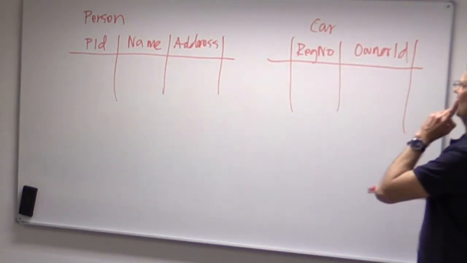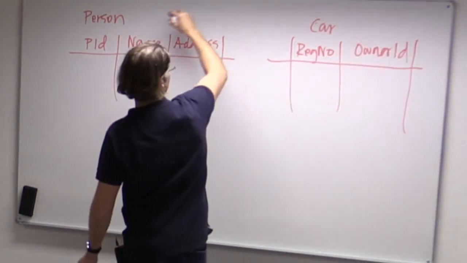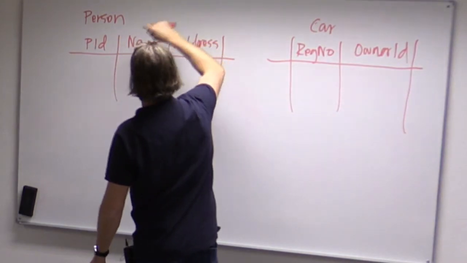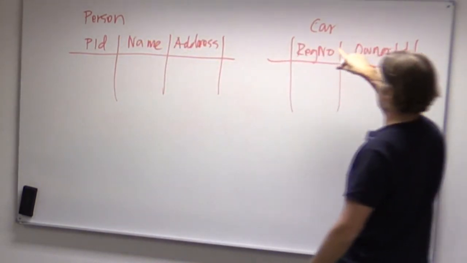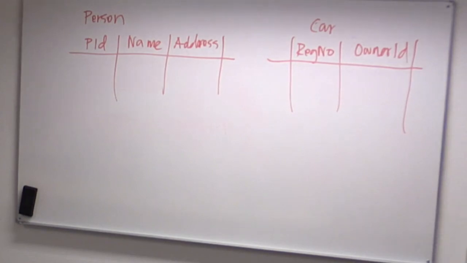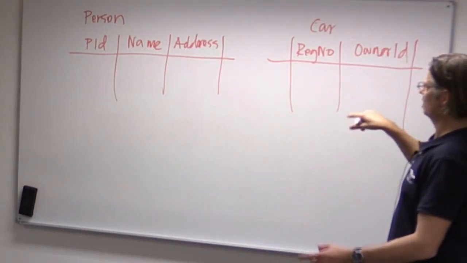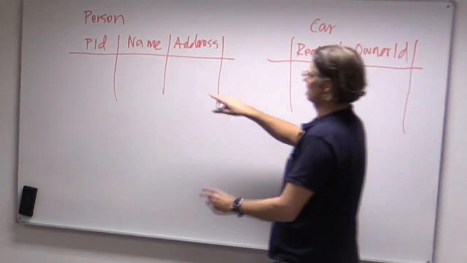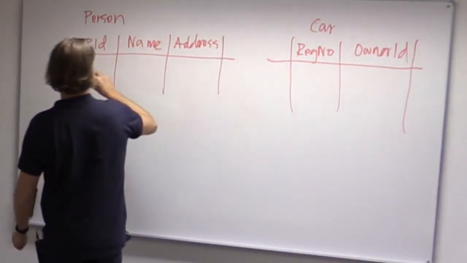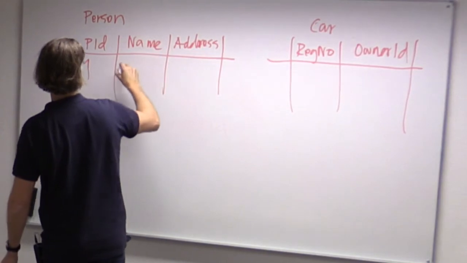So we have a relationship between a person and its car. And the reference here, let's assume that we have me.